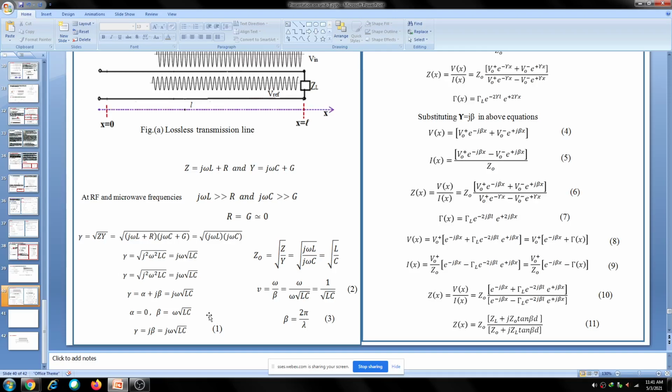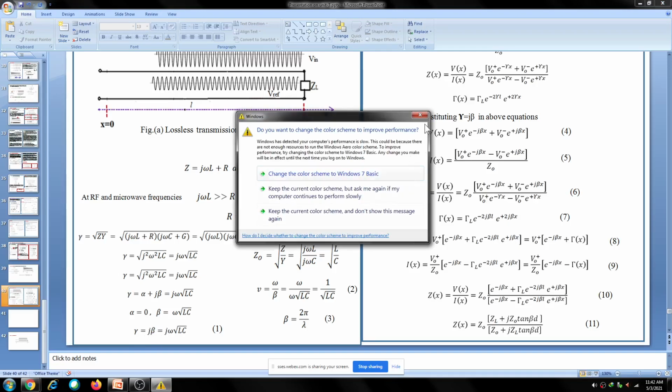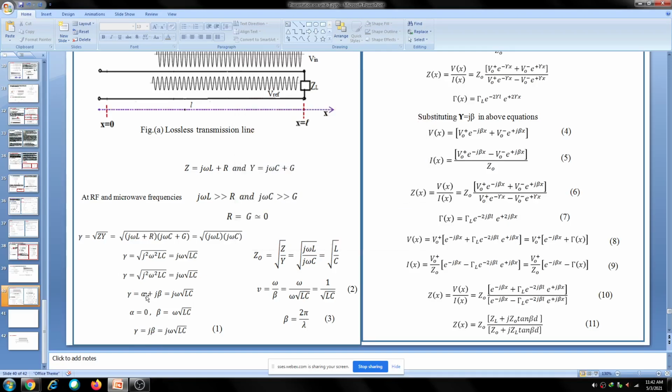Alpha 0 means attenuation over the line is 0. Gamma is only j beta, equal to j omega root of LC for a lossless line.